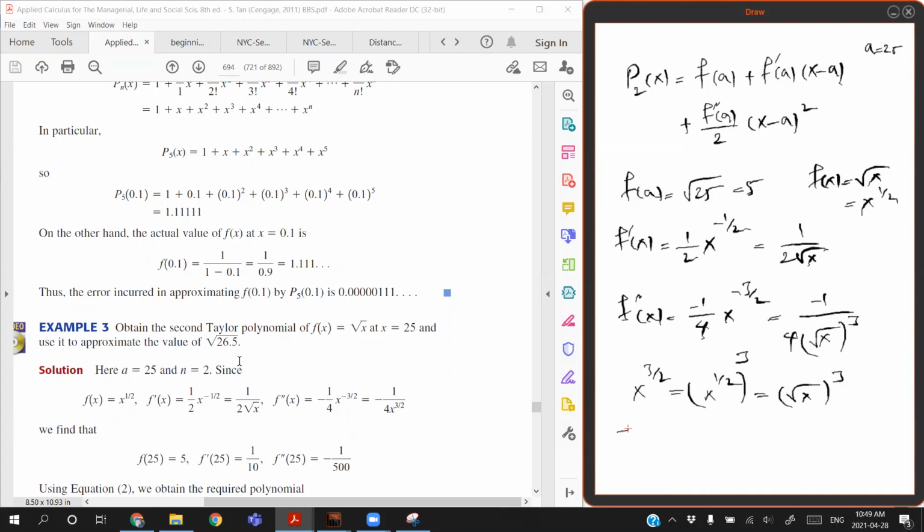So if I need f prime of 25, I would just need to plug in 25 into this. I get 1 over 10. And if I need f double prime of 25, I would just need to plug in 25 into this. And I would get, that's 5 to the power of 3. That's 125 times 4. I get negative 1 over 500.